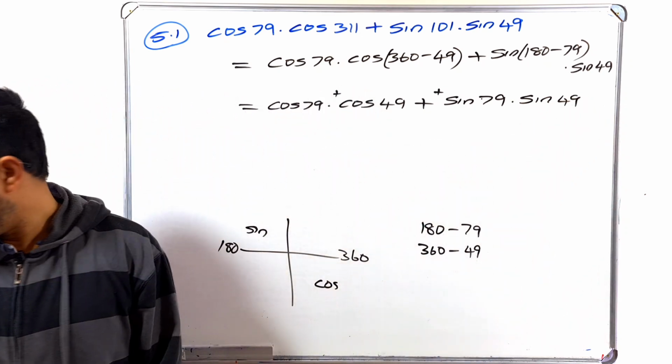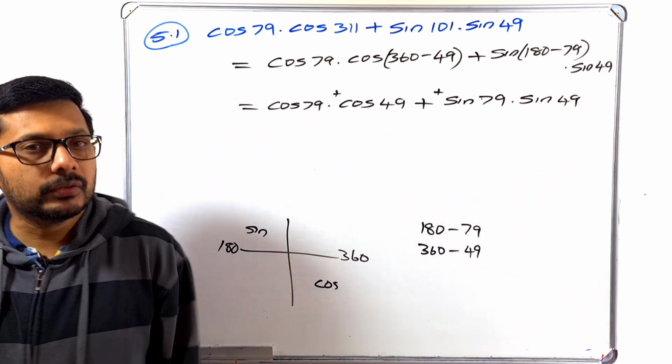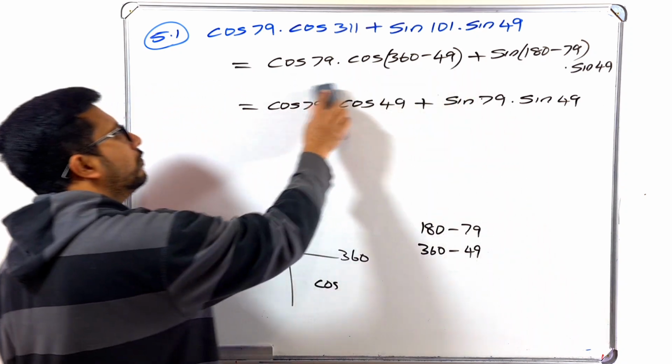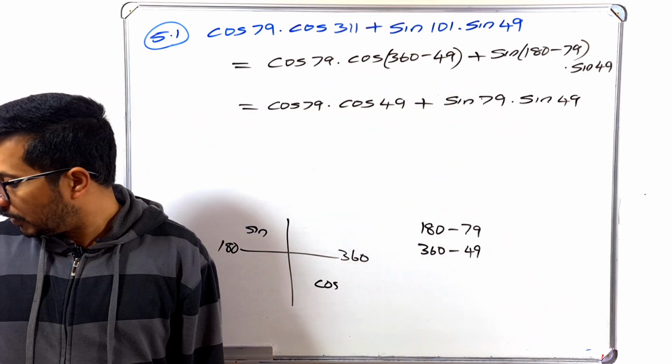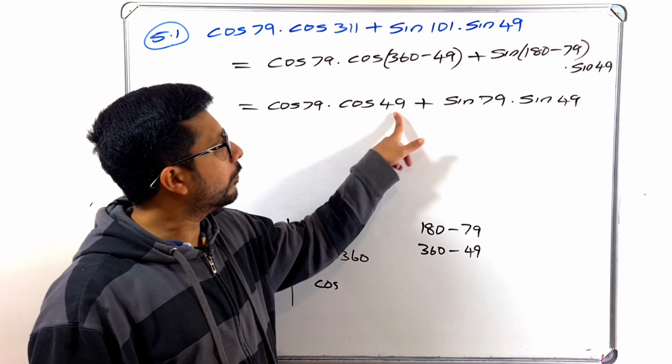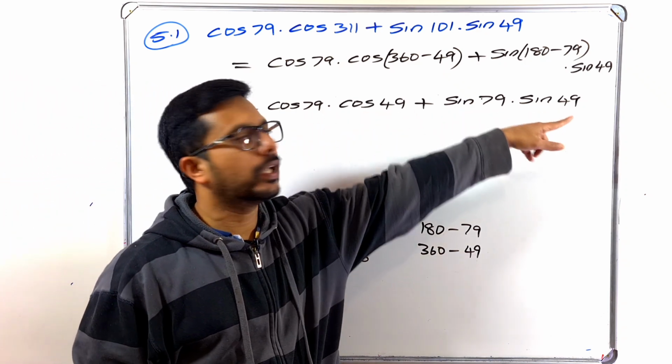So can you see something here? Which type of expression is this? Cos 79 cos 49 plus sine 79 sine 49.